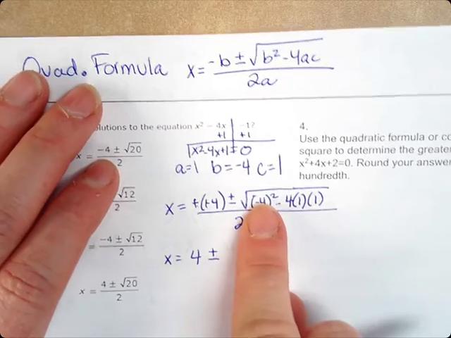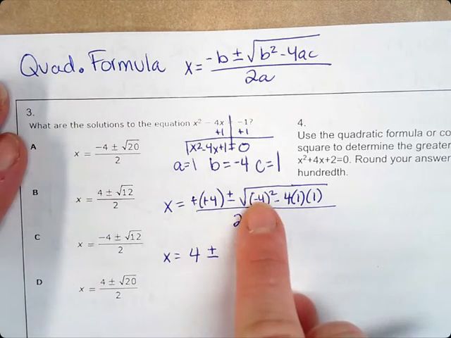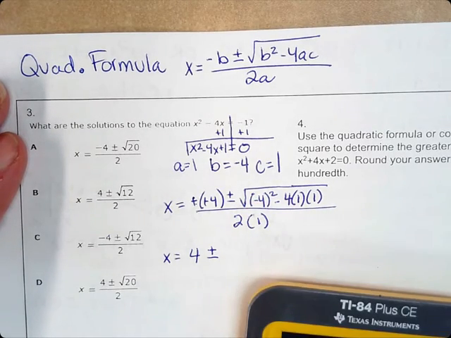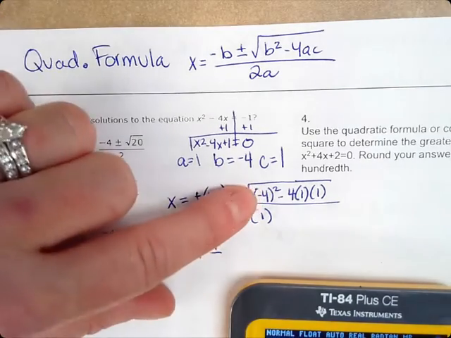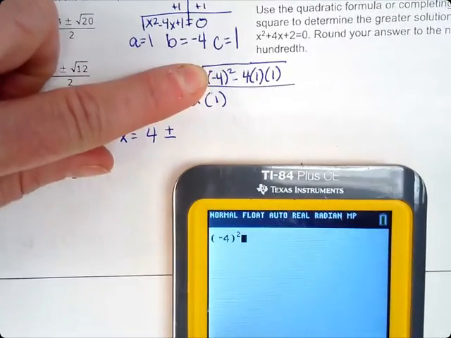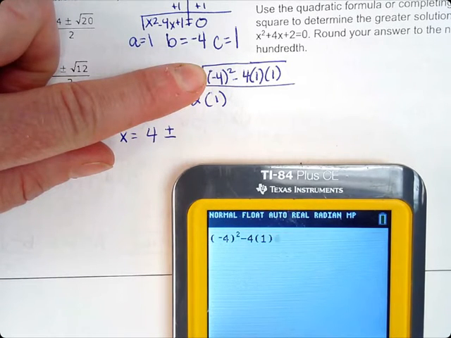So I'm going to put, see how our answer choices have square roots still underneath that square root? So the only thing I'm putting in the calculator would be this. And I have to put it in with parentheses. So -4 squared, which is right here, minus 4 times 1 times 1.